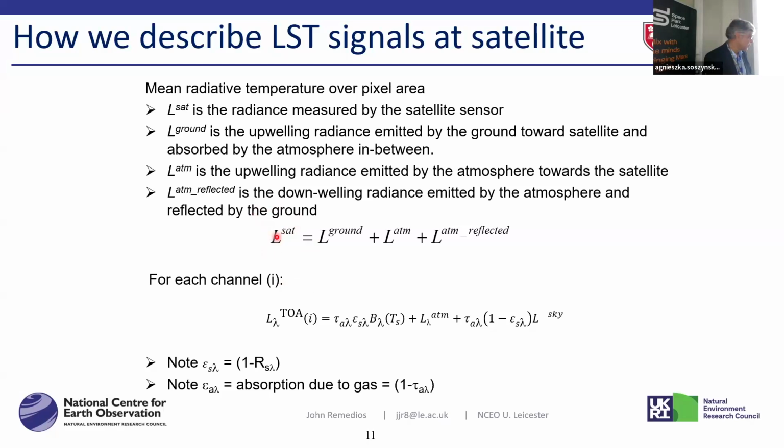Just to be clear about this for a second, as soon as we start talking about this L term, which is an energy term, or if you translate to what a lot of people do, brightness temperature, an equivalent temperature from a black body, that LSAT term is already derived. So it's not what a satellite measures. People often say the satellite takes a measurement of temperature.